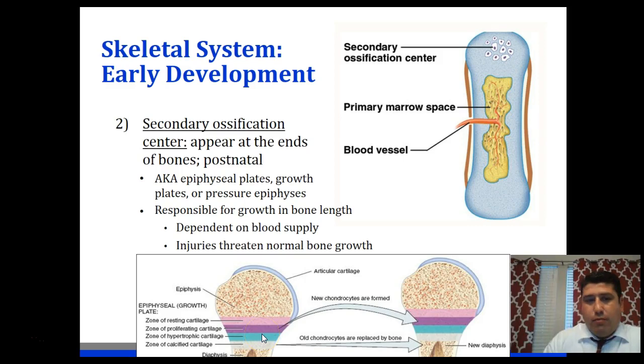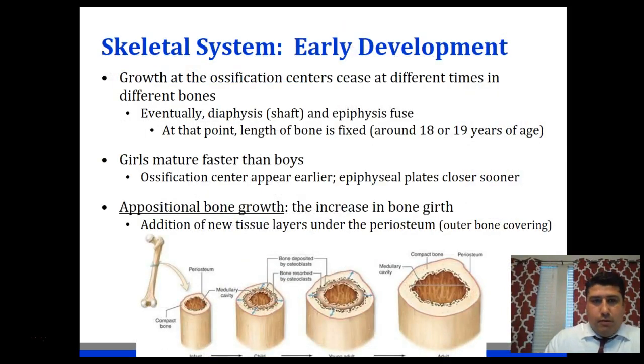That line represents the epiphyses or the growth plate. That's the zone where bone has formed at the secondary ossification centers at the end that has allowed the bone to grow in length. So we do grow in length as we ossify our bones, but then we also grow in girth.